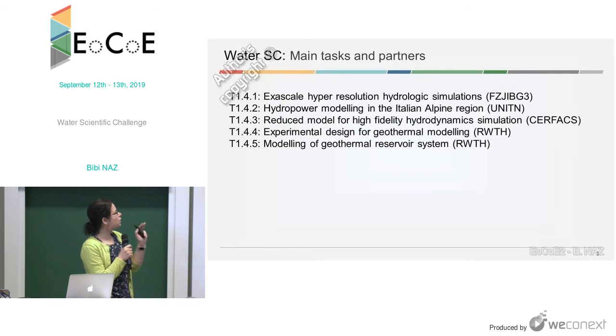The other two tasks are related to geothermal modeling. There are 4 partners: ULIC, the University of Trento, Surfex, and the University in Aachen.